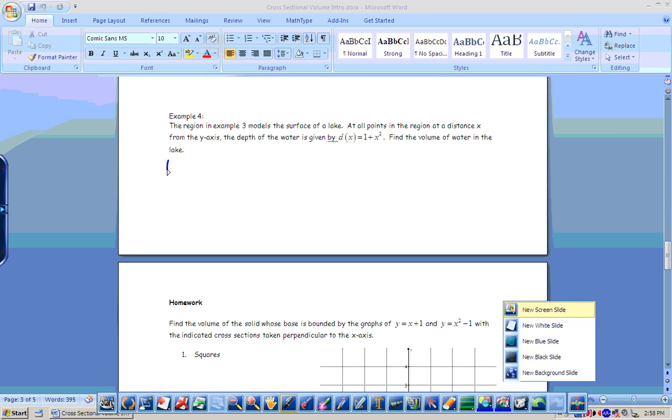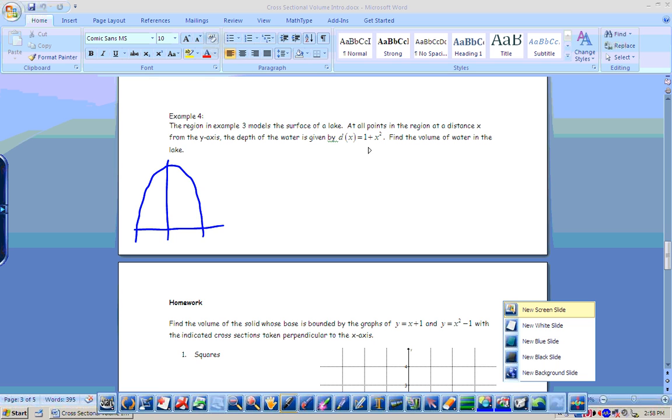All right, let me just redraw this parabola that we were dealing with right here. So there's the surface of the lake, that same region that we were dealing with in part 3. Now, the part that says at all points in the region at a distance x from the y-axis, the depth of the water is given by d of x equals 1 minus x squared.